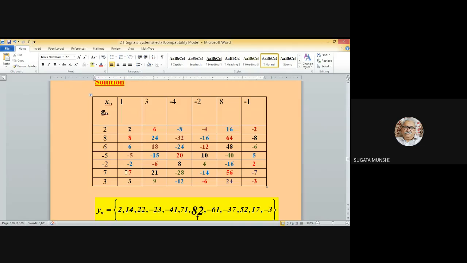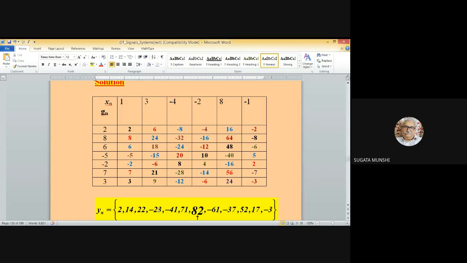Next sample of convolution, you just draw a demarcating line here, so you add up these blue numbers: 6 plus 24, 30 minus 8, 22. Next, you draw a line here, so you add up this violet colored line: minus 5 plus 18, that means 13, minus 32, minus 4. That will result in minus 23.